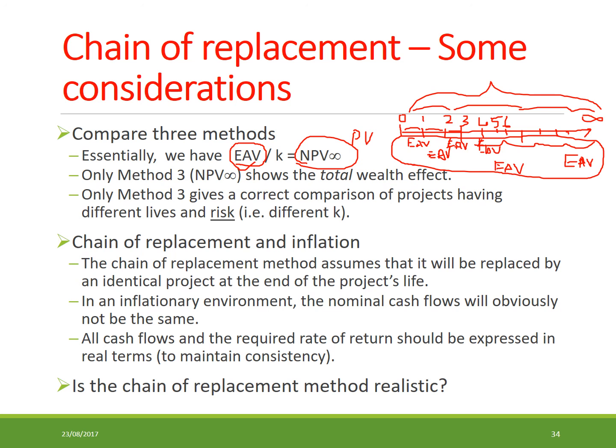And the present value of this perpetuity is given by the annual cash flows divided by the required rate of return, right? Which is exactly what we do here, okay? As a result, our NPV in perpetuity is equal to the EAV divided by the required rate of return, yeah?